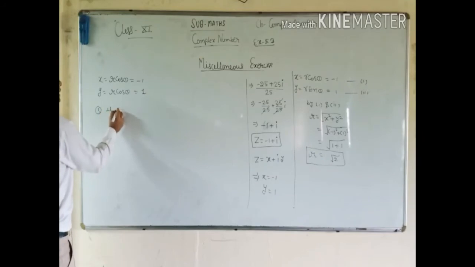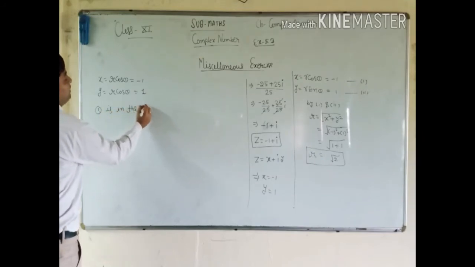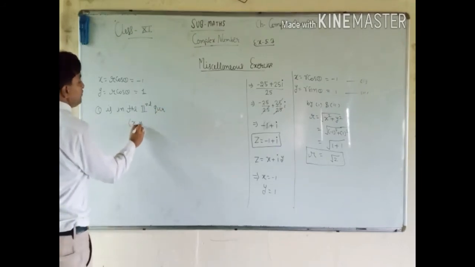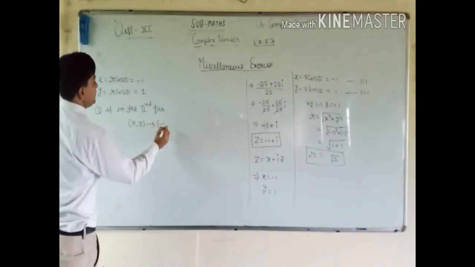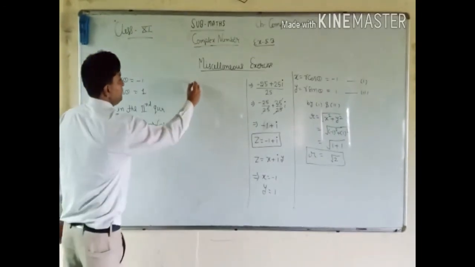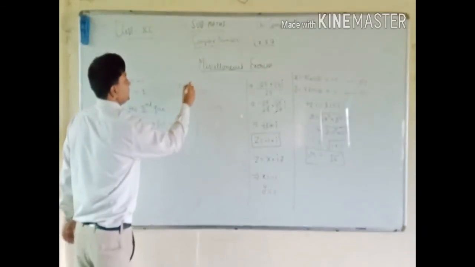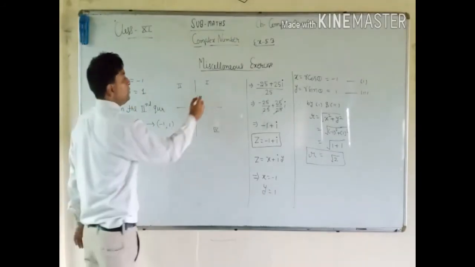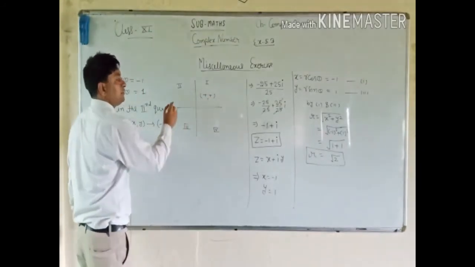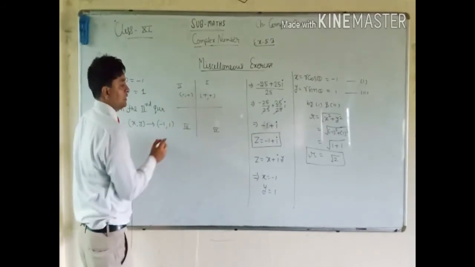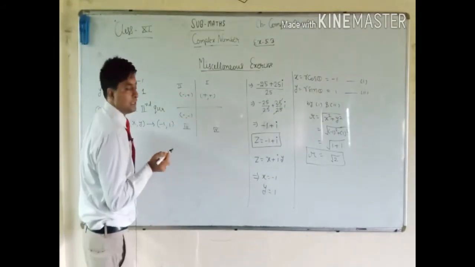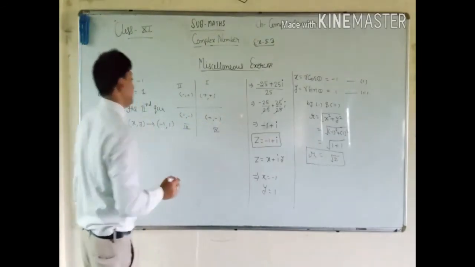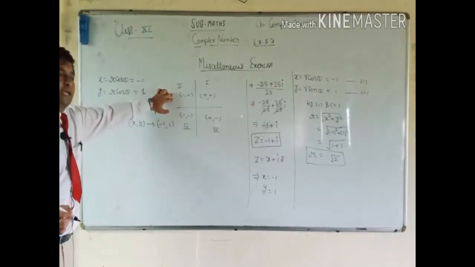Theta is in the second quadrant because in the second quadrant the values of x, y are −1 and 1. This is the second quadrant. This is first, this is third and this is fourth. Here all positive, here negative and positive, here negative and negative, and in the last the value of x is positive and value of y is negative. So this is in the second quadrant.